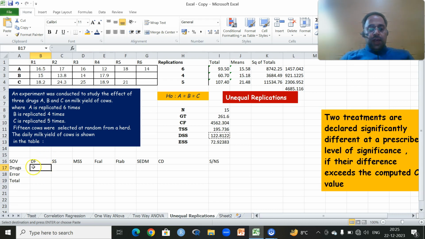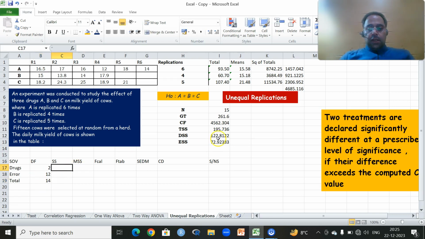In this case we have 3 drugs, so that is 3 minus 1 is 2, and error is n, the number of observations, minus the total number of treatments. The number of observations are 15, then 15 minus 3 is 12, and obviously the total will be 14.